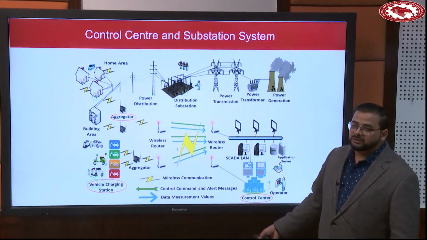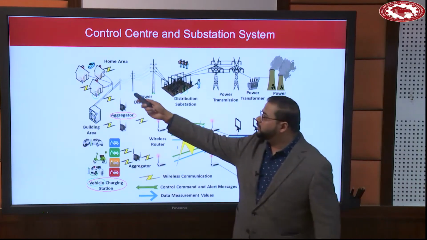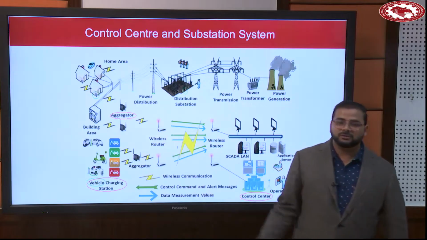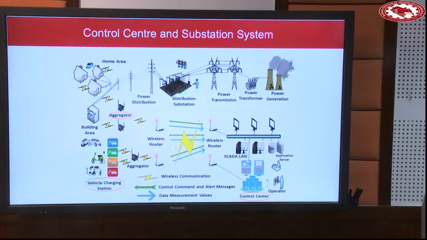For example, what could be the demand in this area of city X. Demand might vary from city to city, region to region. If this is an industrial area, it might have a lot more demand compared to other regions. So this is what a typical scenario looks like.